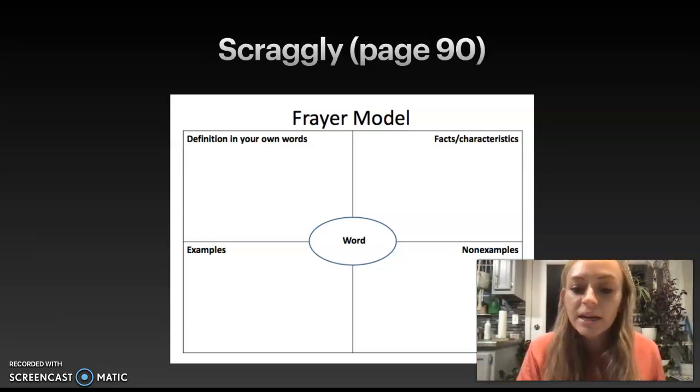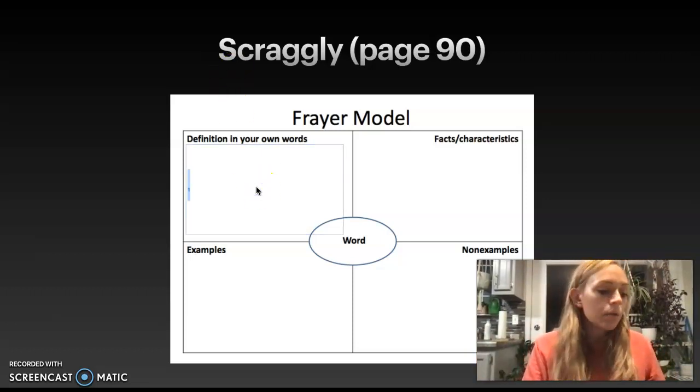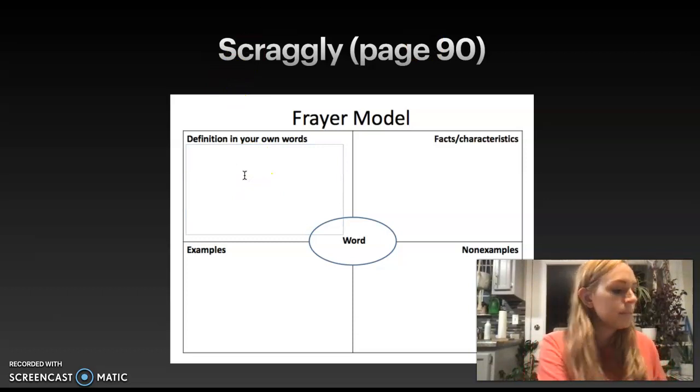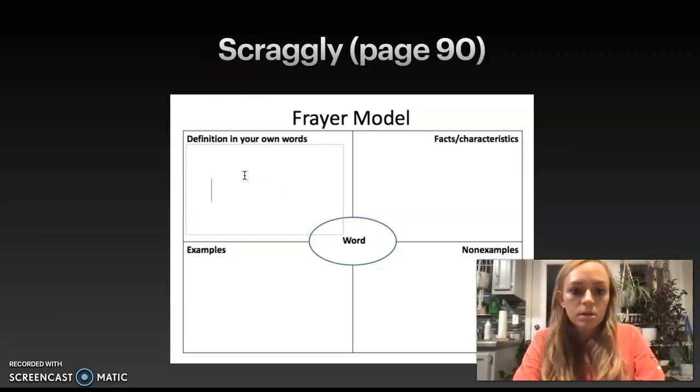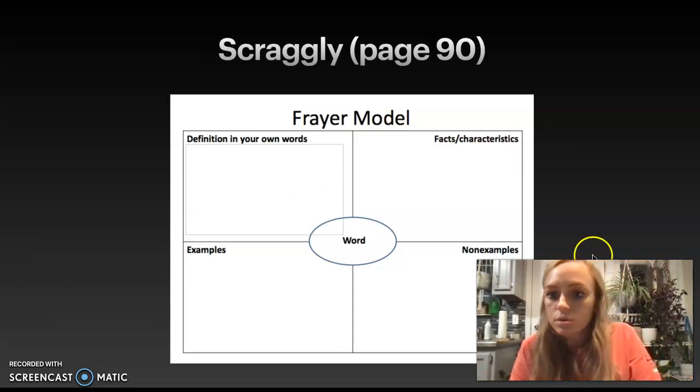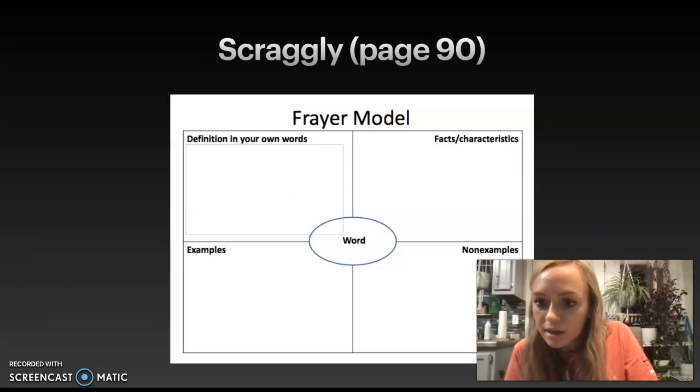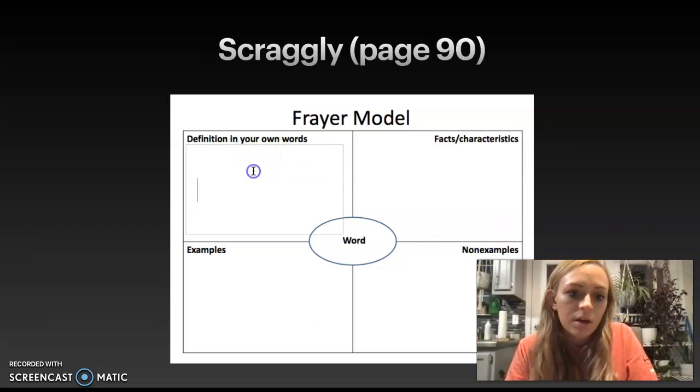So, to create a definition in our own words, we may say that it means, just a second, I've got to change the text color. Okay.